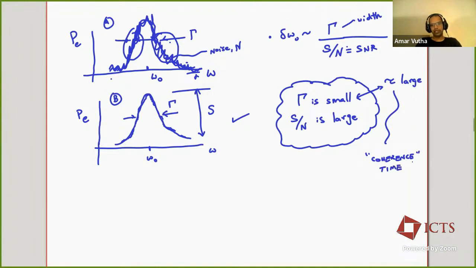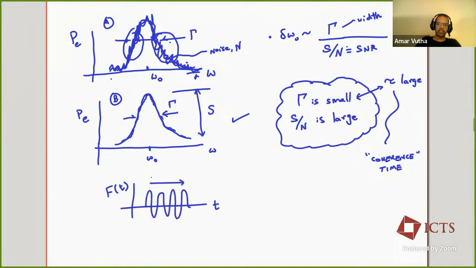That coherence time can be limited for lots of different reasons. It could be limited because you lost patience, or you only had a certain amount of time to work with your system. So you decided to truncate the interaction between light and the atom to some amount of time. So that could be your doing.